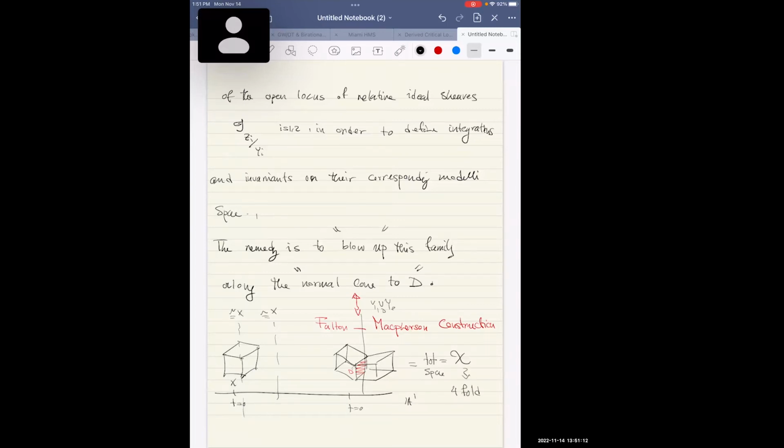Its fibers are threefolds, and the base of it is A1, the affine line. It's a threefold fibration over the affine line.